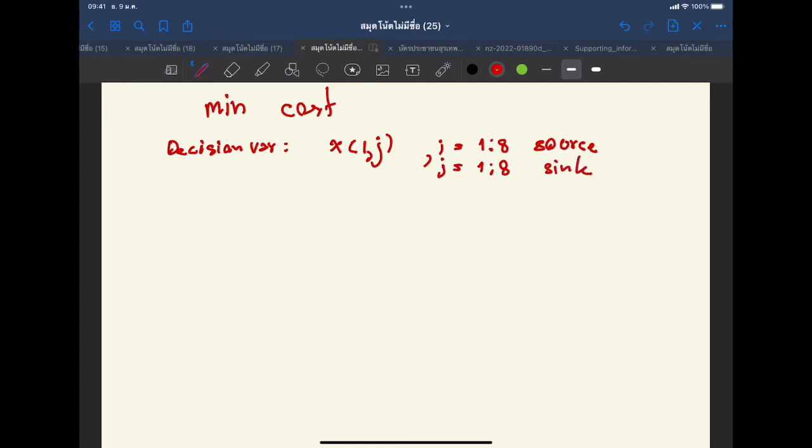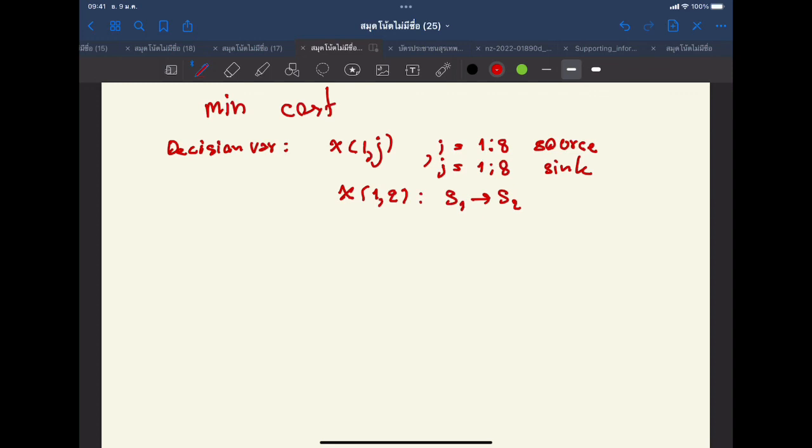Okay, that means if we write x12, it represents the amount of commodity shipping from S1 to S2.